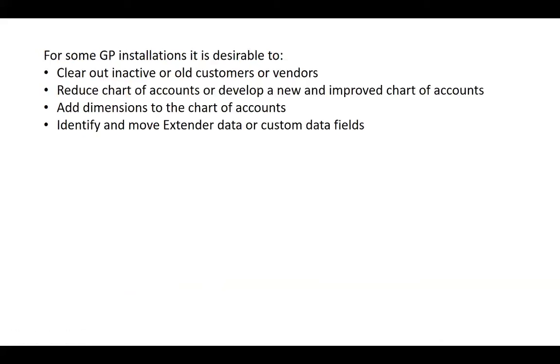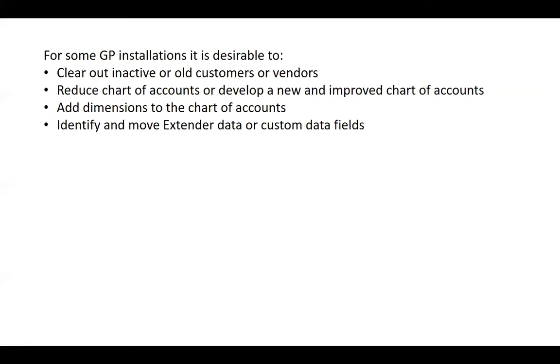But I'm going to guess that many of you are not in the boat where that would work to move the easy stuff. So for some GP installations, a fair amount of them, it's kind of desirable when you're changing systems from GP to Dynamics BC to clear out inactive or old customers or vendors. You might like to reduce the chart of accounts from 45,000 or even 5,700 down to 1,500 or less that you use.